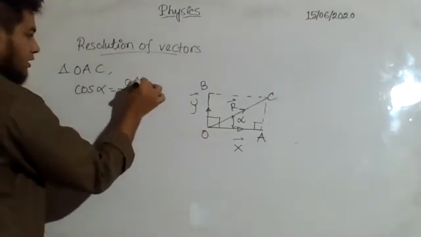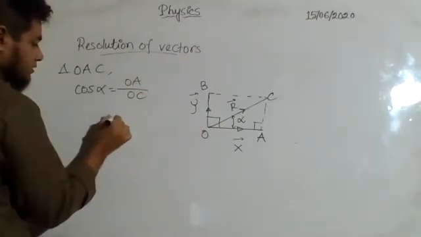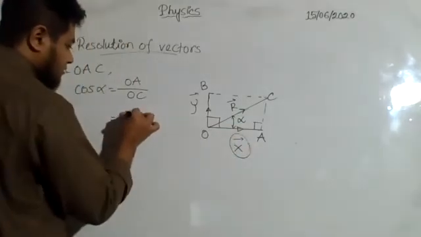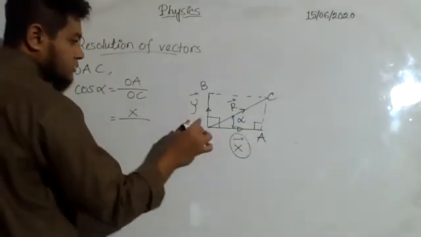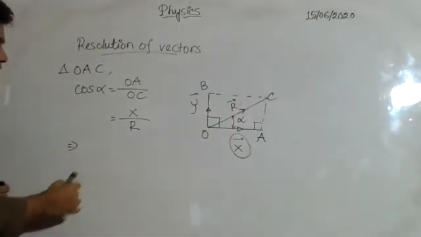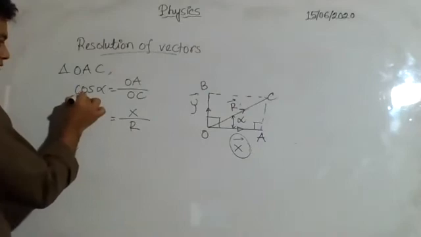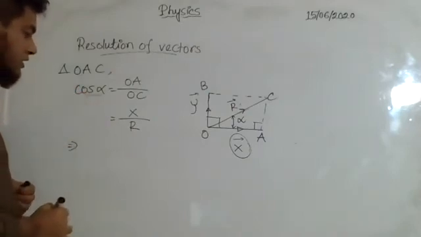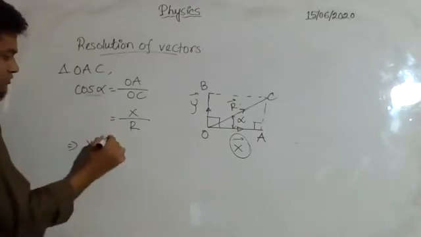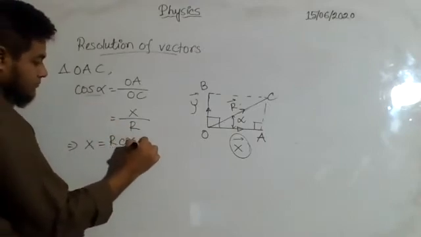Adjacent is OA, hypotenuse is OC, and OA we saw is vector x, and OC is R. So if I cross multiply, cos alpha divided by 1, 1 is always there, we consider. So 1 into x becomes x, and R into cos alpha becomes R cos alpha.